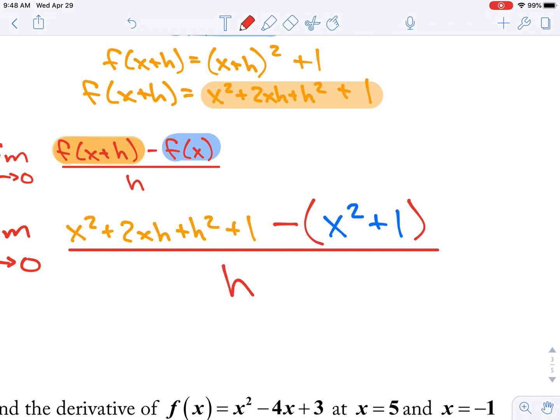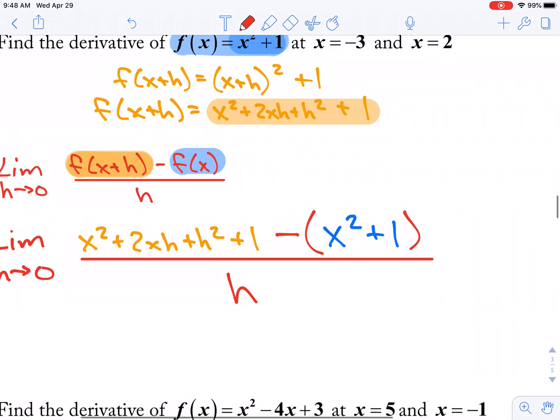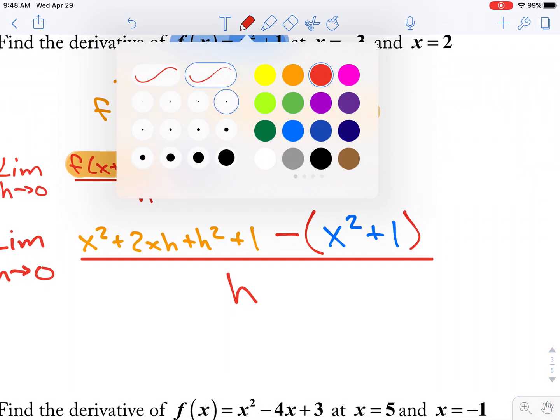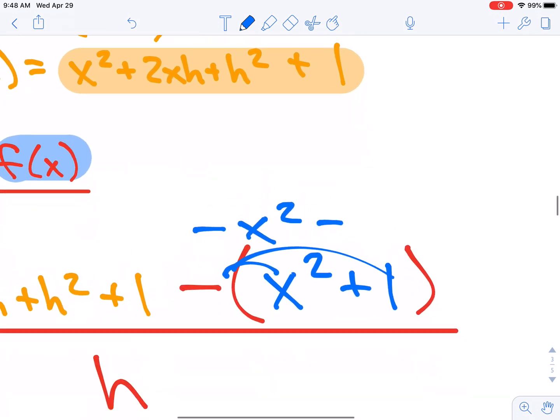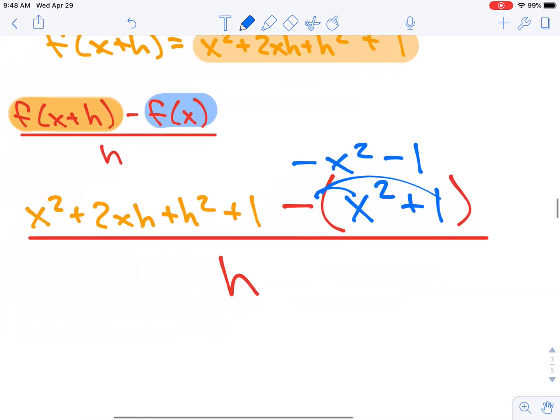So when you look at this now, we really just have to simplify. So this is the next step here. We found f of x plus h. We plugged those two things in. Now we simplify. When we simplify here, we distribute the negative, which means we're going to get a negative x squared minus 1. So now we have x squared plus 2xh plus h squared plus 1 minus x squared minus 1.